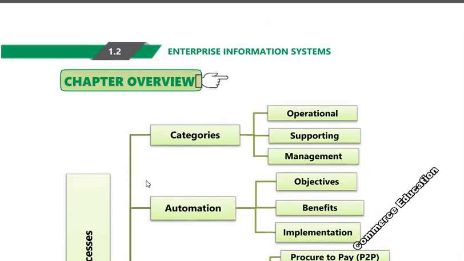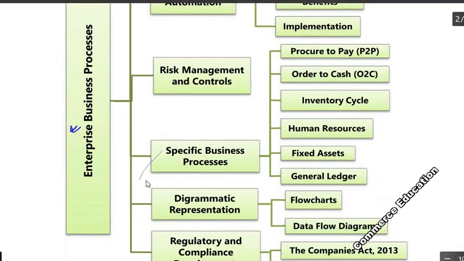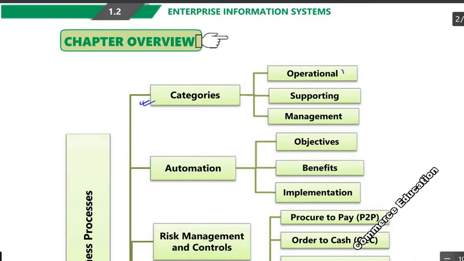At the beginning of this chapter there is a chapter overview which states about enterprise business process. It has categories. Enterprise business processes can be operational, supporting, or management related.